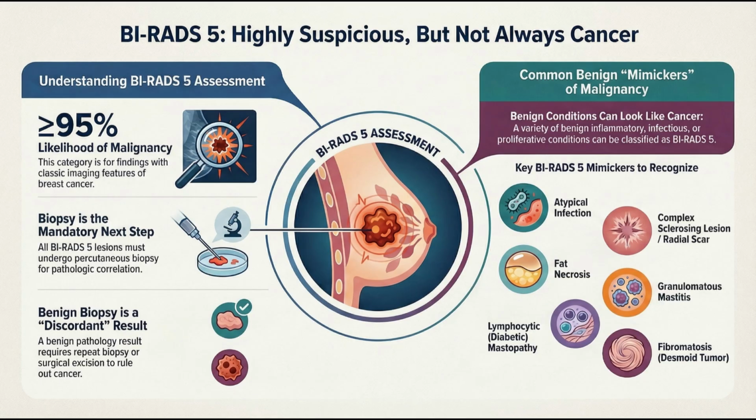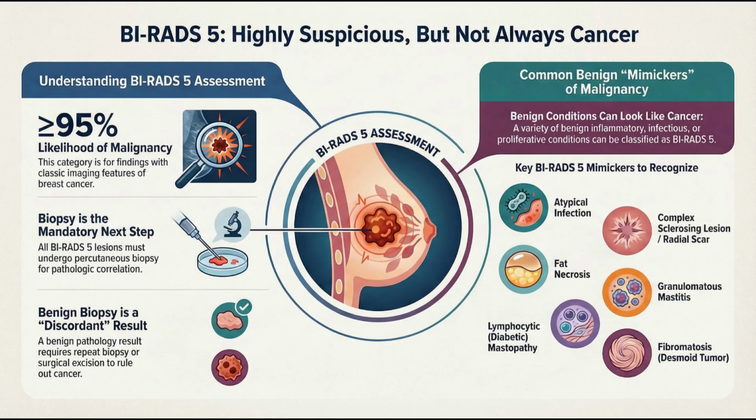So they soak up the IV contrast dye really, really fast, and then just as fast, they dump it. So a quick wash in and a quick wash out? Exactly. We call that a type 3 or a washout kinetic curve. And it is highly, highly suggestive of malignancy. That pattern plus the irregular shape can push a lesion straight to a Category 5.